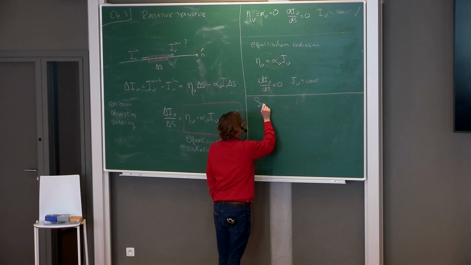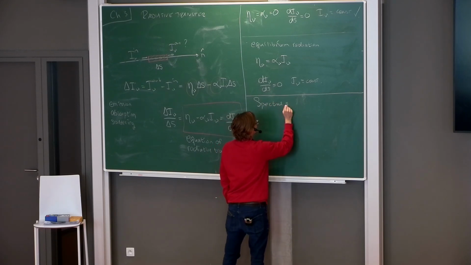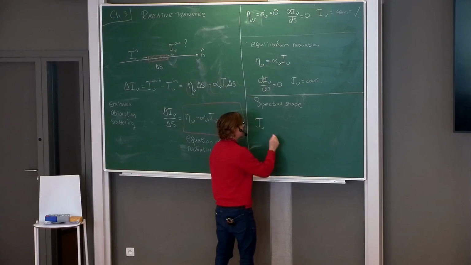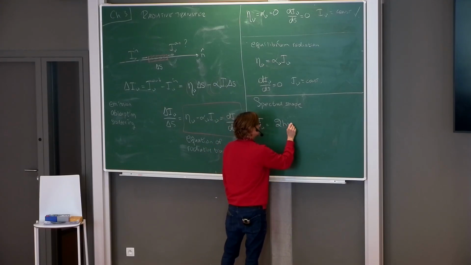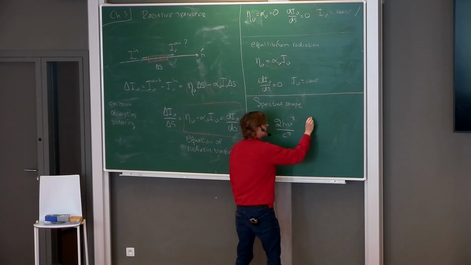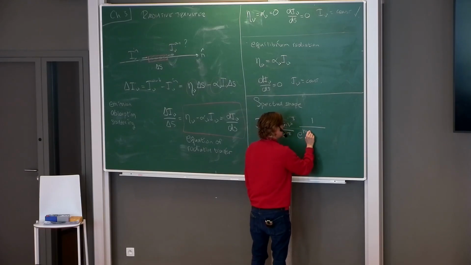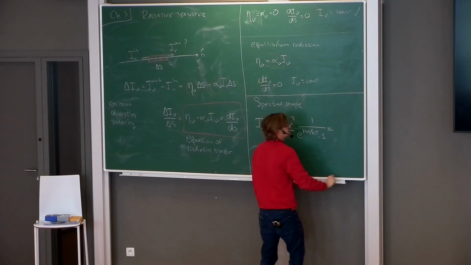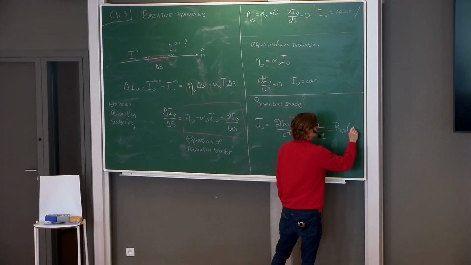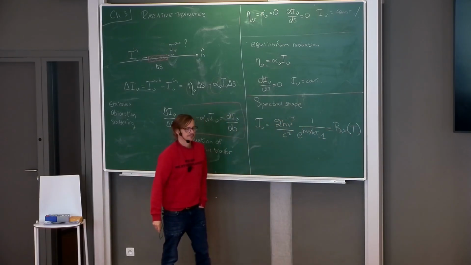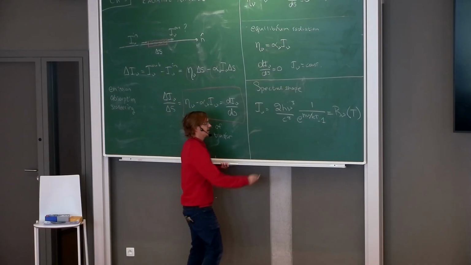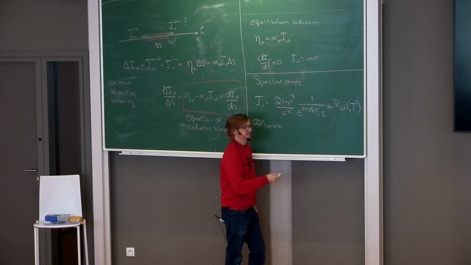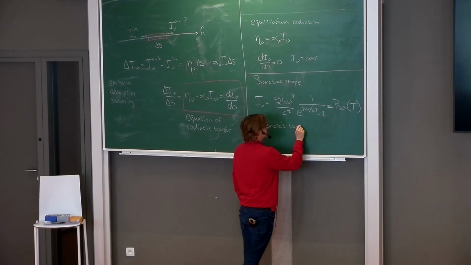The spectral shape that the specific intensity has is given by 2h nu cubed over c squared, times 1 over e to the h nu divided by kT minus 1, which we define as B nu, which is only a function of T. This is the Planck function, or Planck's law of radiation.